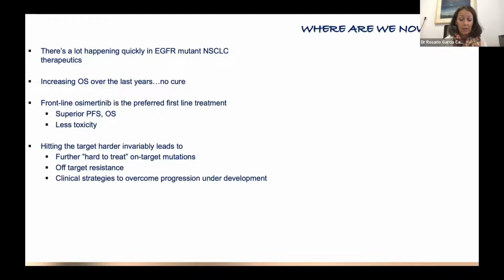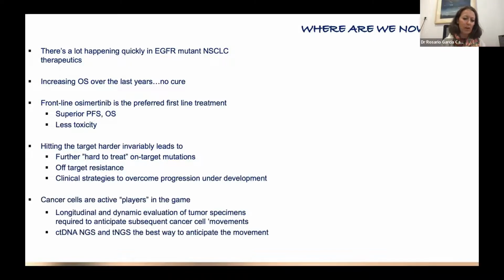Hitting the target harder invariably leads to further hard-to-treat on-target and off-target resistance mutations. And I think that clinical trials are the only way to try to validate potential options in those patients who progress after osimertinib. Cancer cells are active players in the game.